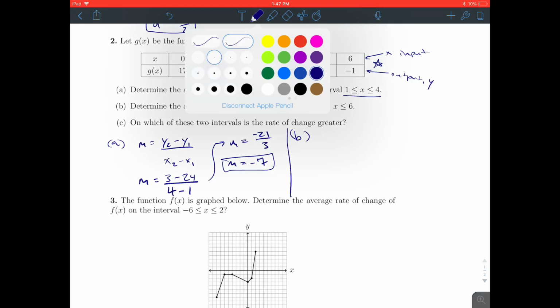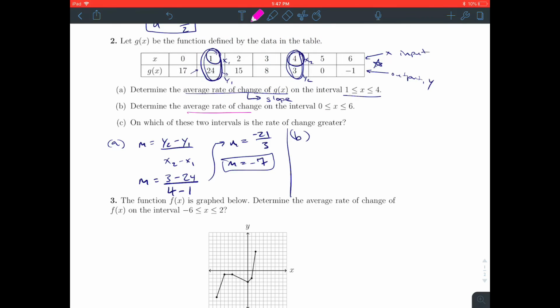Next up, we've got question B, so I'm going to change colors to pink. Determine the average rate of change, key phrase means slope, on the interval from 0 to 6. So this time we're looking at from 0 to 6. Because we have points, again, we're going to be using the slope formula. m is equal to y2 minus y1 over x2 minus x1.